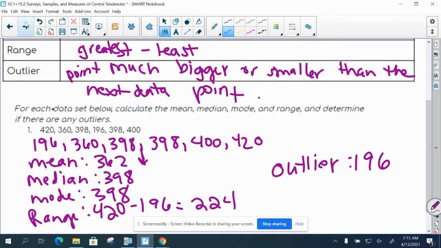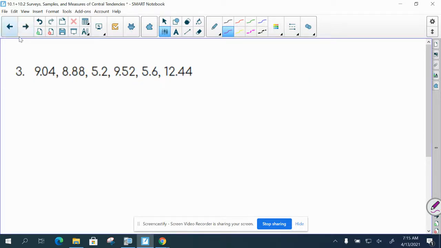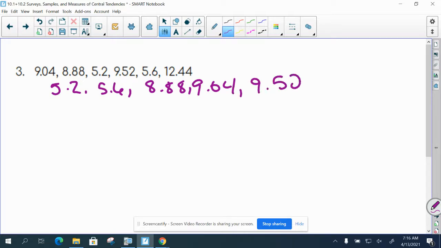Okay, so I'm not going to do all of these. I had more examples, but to save some time, I'm going to skip example 2 and just go to example 3. So first step is to rewrite this in order. So I'm going to do 5.2, 5.6, 8.88 is next, 9.04, 9.52, and 12.44.